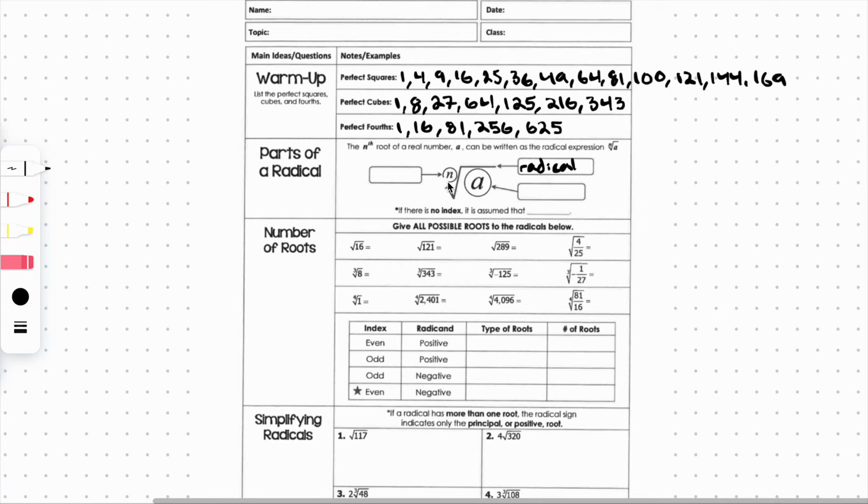And we have this number up here, and that n is going to be our index. So essentially what our index is doing is it's saying what number root of A. Okay, and I'll talk about that more in a second. A is going to be our radicand.